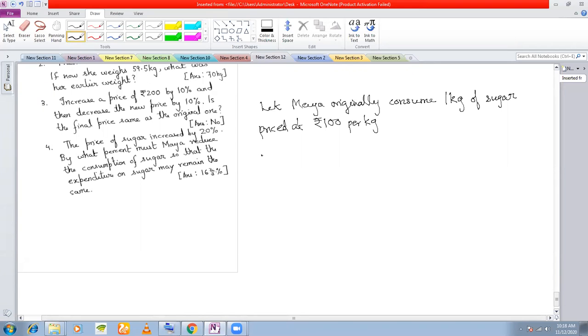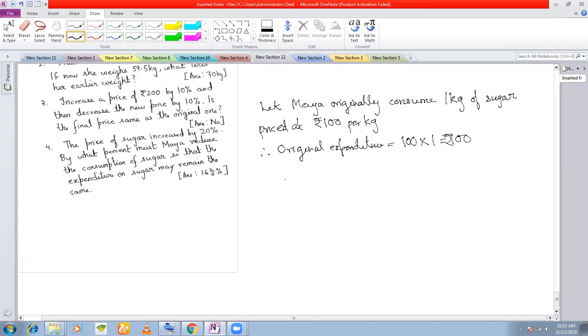So what was the original budget, the original expenditure? Original expenditure was the rate of 100 per kg into how much she was consuming, 1 kg. So she was spending rupees 100 on sugar. Now what happens? The price of sugar increases by 20%.